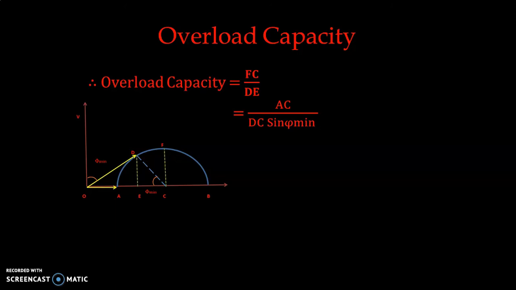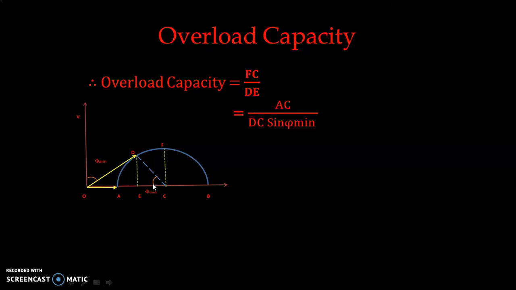So FC is nothing but a radius of the circle diagram. So FC can be taken as equal to AC. AC is also nothing but a radius of the circle diagram. So FC can be taken as AC, and DE can be taken as DC times sine of this angle.